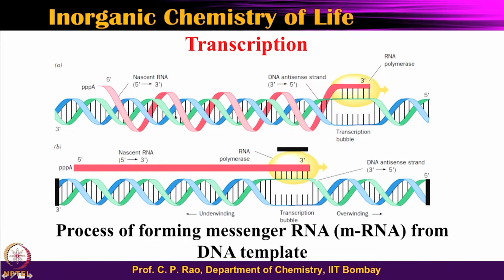To copy the DNA, being a double helix, you need to unwind. Okay. So, you can see this unwinding process here. Okay. So, the unwound DNA will be read and the copy is being made. As you can see over here, this is the process of forming messenger RNA.